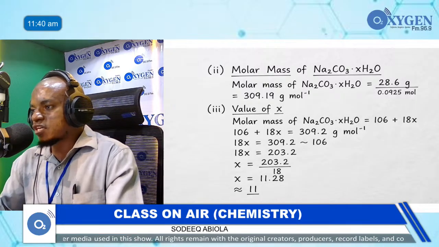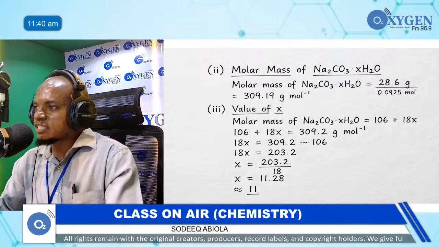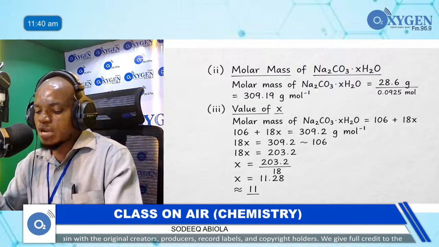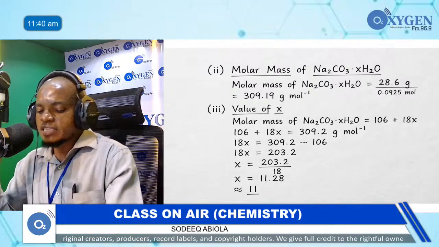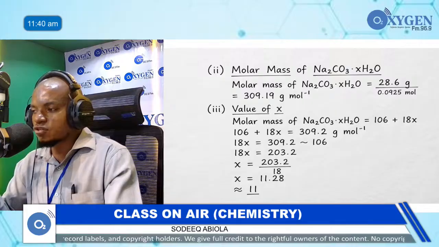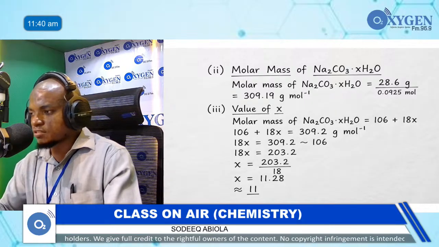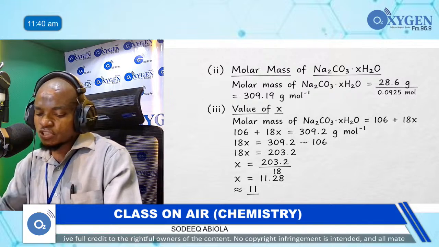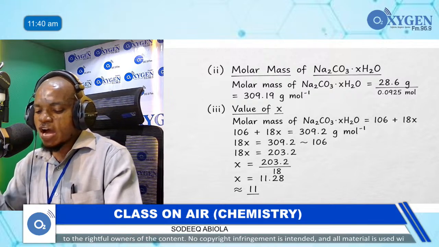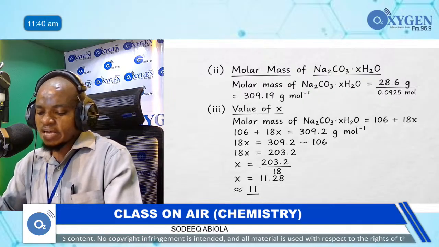Molar concentration equals mass concentration over molar mass. So since we are looking for molar mass, if we make molar mass the subject of formula, then we are going to have molar mass of Na2CO3.xH2O equals mass concentration of Na2CO3.xH2O over molar concentration of Na2CO3.xH2O.